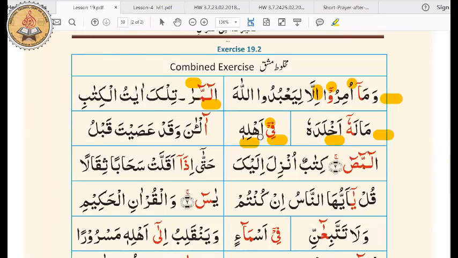Ha. Well done. So this ha has sukoon. So we are going to join this one with alif. So which sound we will produce? Well done. Next one. Li. Excellent.